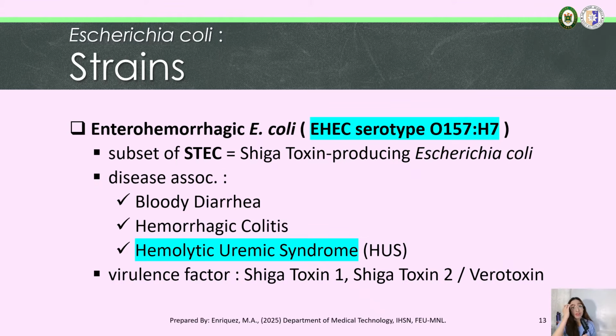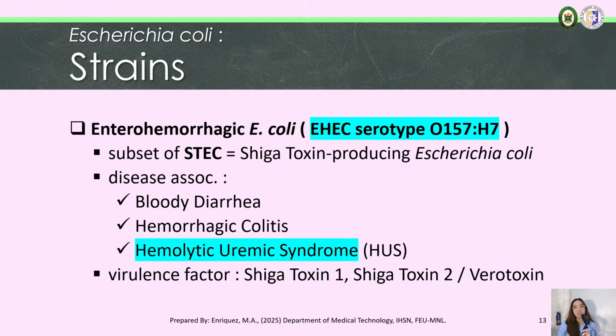So the virulence factors of the EHEC strain would include Shiga toxins 1 and 2, also known as verotoxins because of their capability to destroy Vero cell lines from African green monkey kidneys.